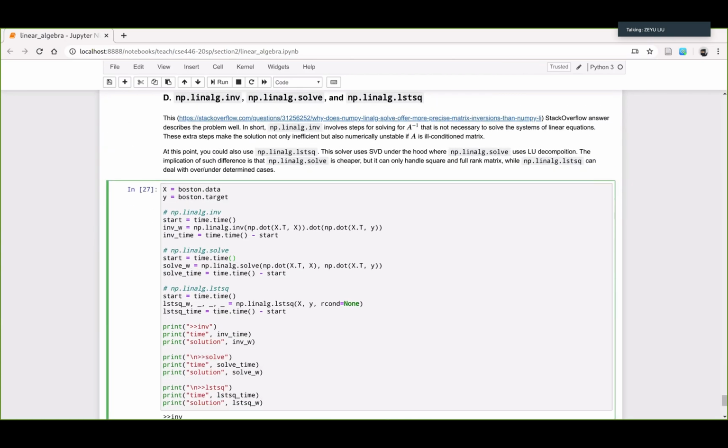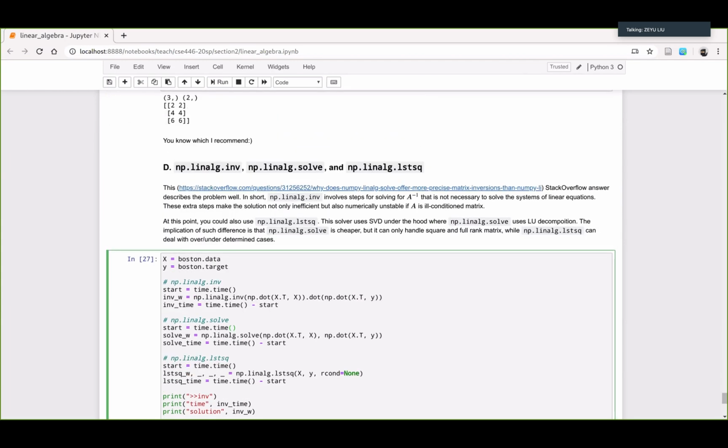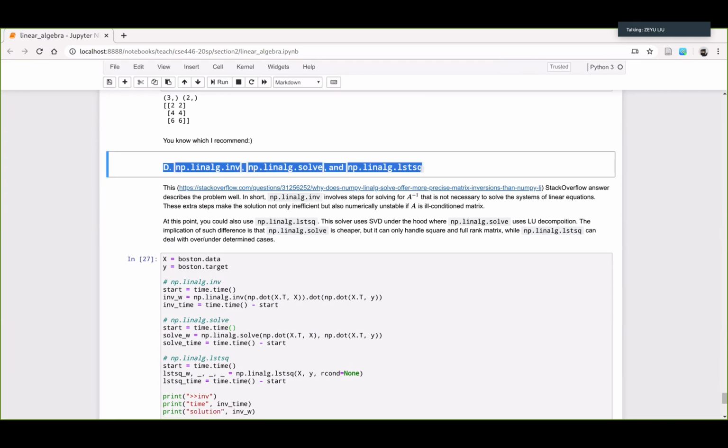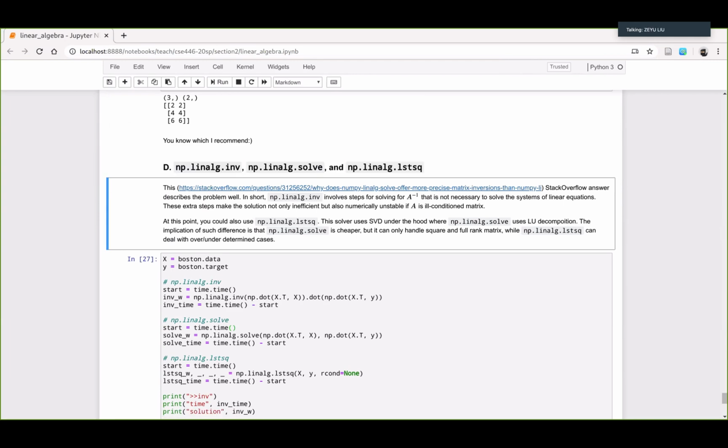Because for this class, I think you will frequently use it, because most of the time in this class we have the closed form, and we'll solve it potentially using maybe one of those 3. So be wise to choose which one to use. Okay, I guess that's it for the NumPy tutorial.